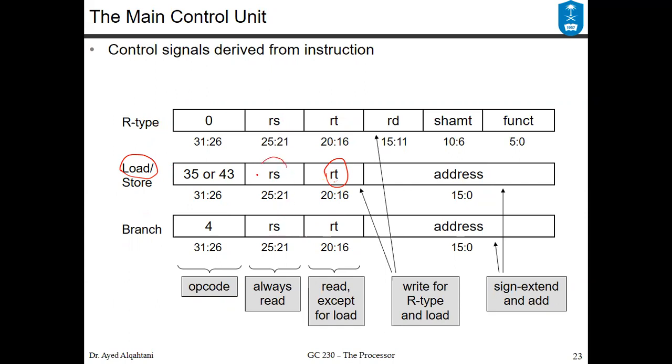So what happens is you take the RS as a base register, you add the offset to the base register to generate the address that goes to the data memory, and you read the data memory. It will give you the data at the output of the data memory, and you write it back to the destination RT. So this is a destination register for the load.